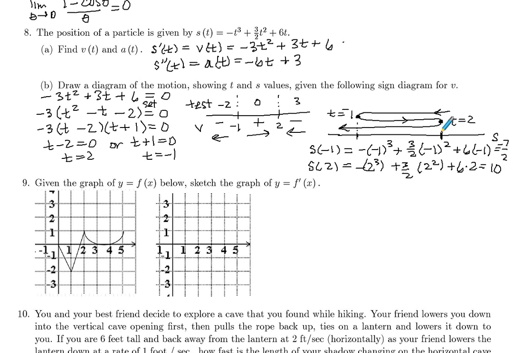So this position here at t equals 2, that's 10. Can't quite see that very well. So this right here is 10. And then this one right here is negative 7/2. So we know the position, the s coordinate at those turning points.